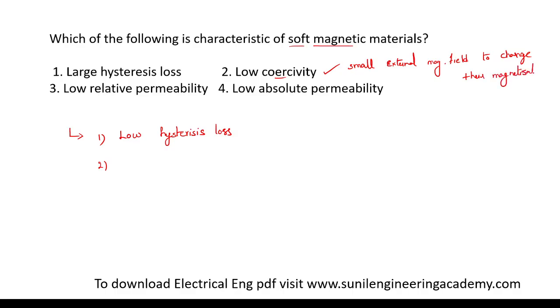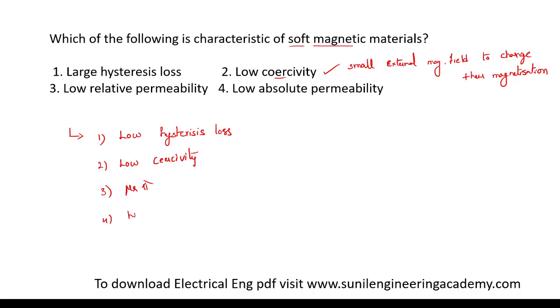Magnetization is correct. And what about the next one? It is low coercivity. And what about relative permeability? It is high. And what about absolute permeability?